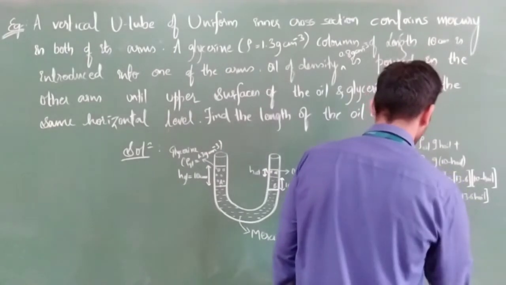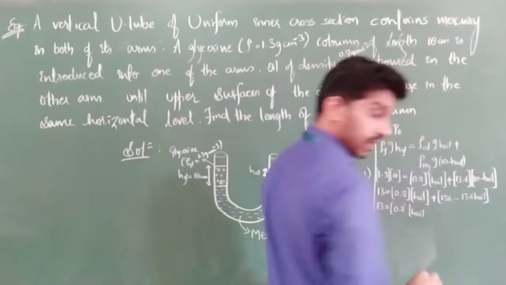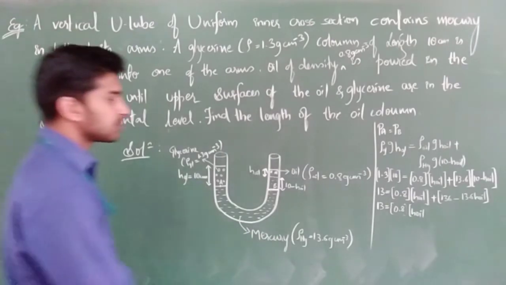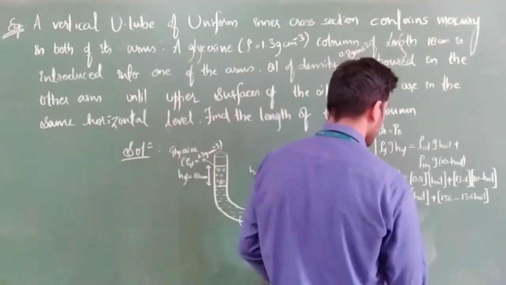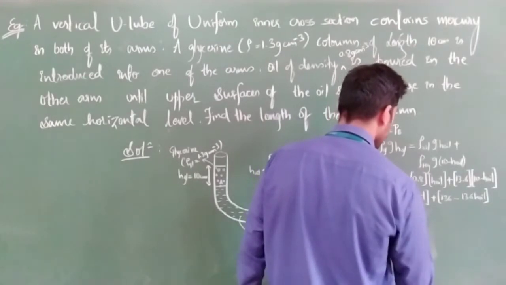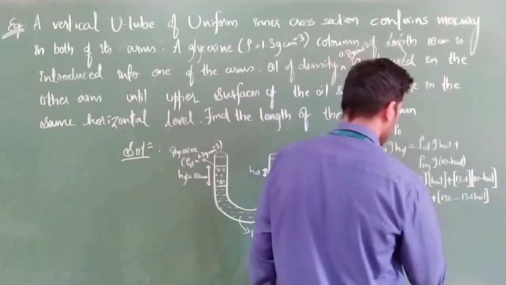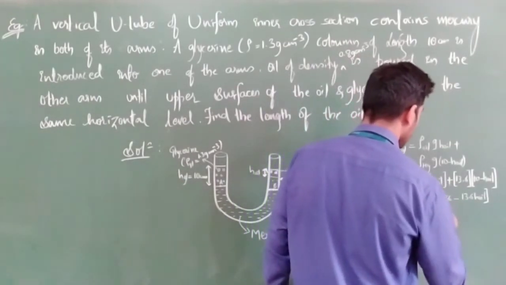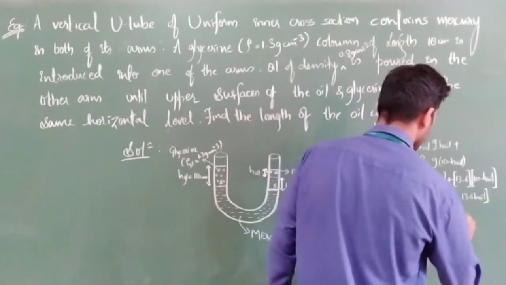If I take H oil common, in the bracket I will get 0.8 minus 13.6, plus 136, correct?